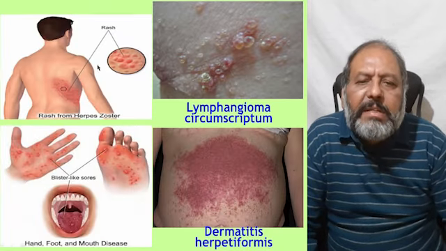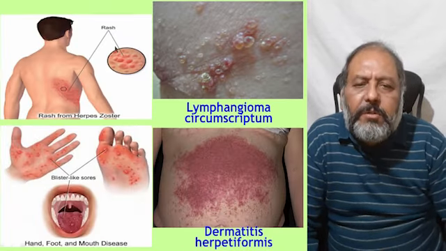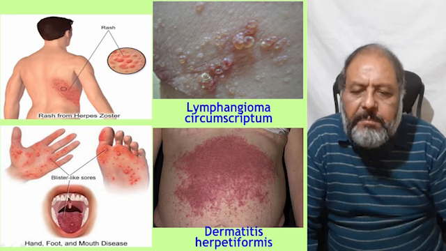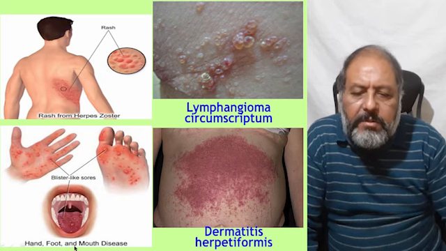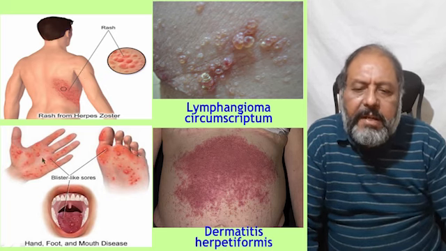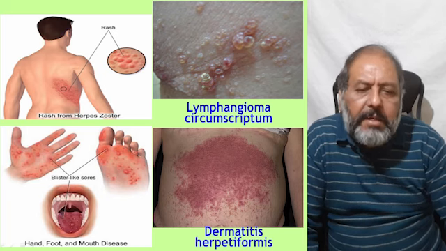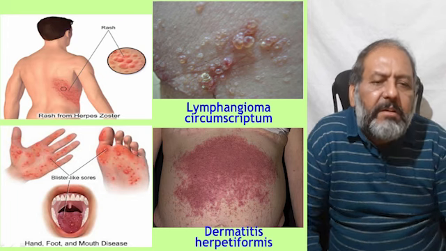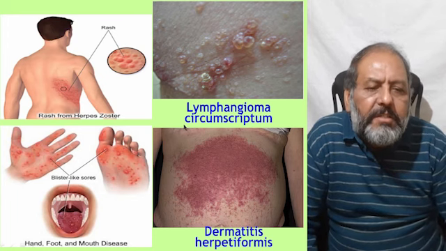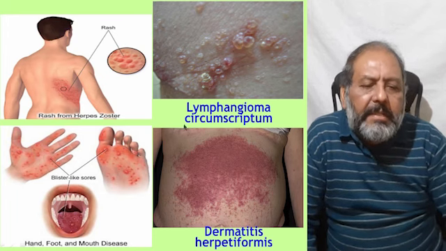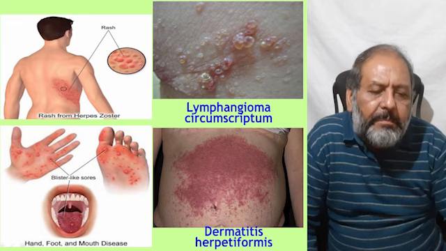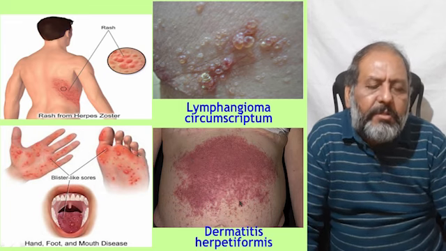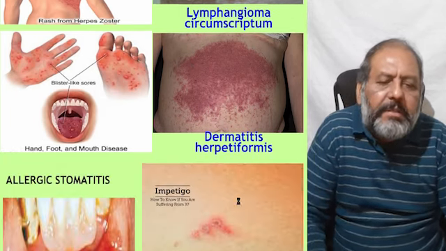So here one can see herpes zoster, the shingles rash, which is classically on this part of the chest. Then a person having hand, foot, and mouth disease can have blisters on the hand, foot, and mouth. Then one can see the blisters of lymphangioma circumscriptum, and dermatitis herpetiformis also sometimes gives this kind of lesion.